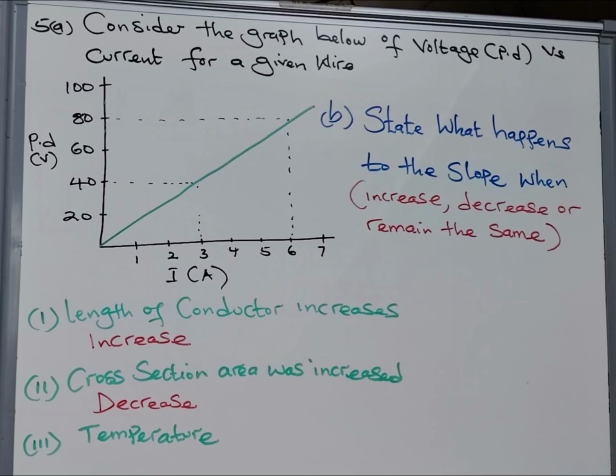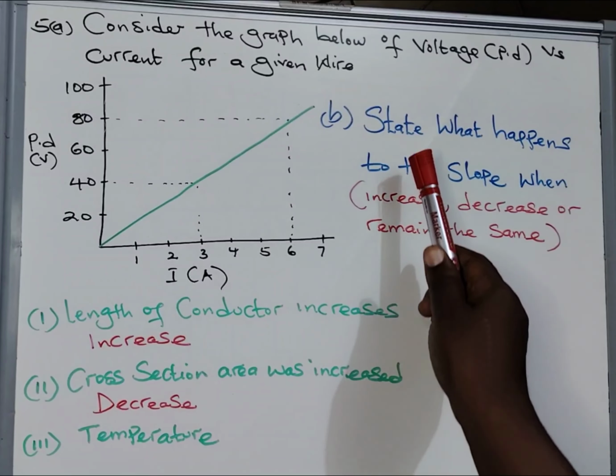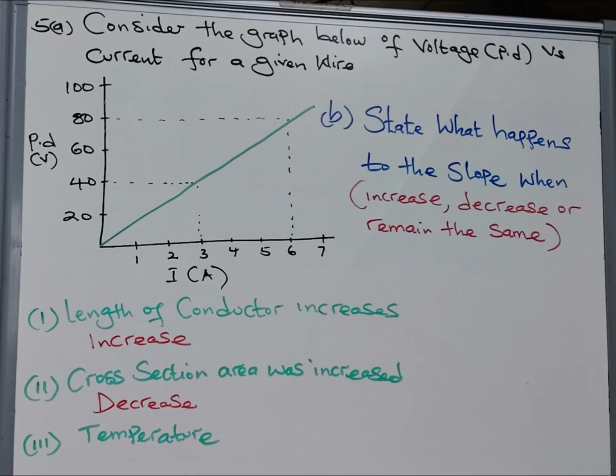Next, what happens to the slope when the temperature of the wire is increased? The answer is increase, because when temperature increases, resistance increases, and we have to remember that the slope represents resistance.